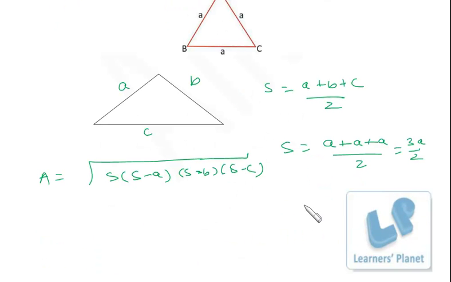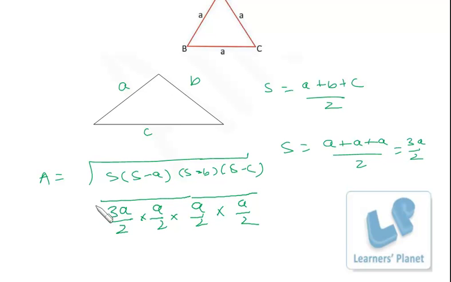Just put S is equal to 3A by 2, so it is 3A by 2, S minus A, that is 3A by 2 minus A, that is A by 2. It will also be S minus B is equal to S minus A, so it will also be A by 2, and similarly this will also be A by 2, and we have square root of this.